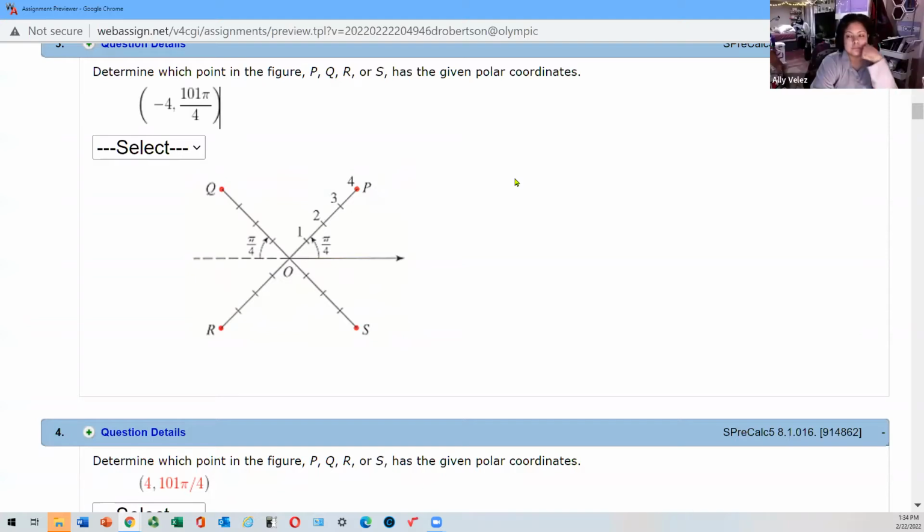Right. So if I ended up stopping at P, R would be the answer, right? And if I end up stopping at R, P would be the answer. So that's what you're kind of saying, switch places? Yeah, I guess. If you take 101 over 4, isn't that 25 and 1/4 pi?